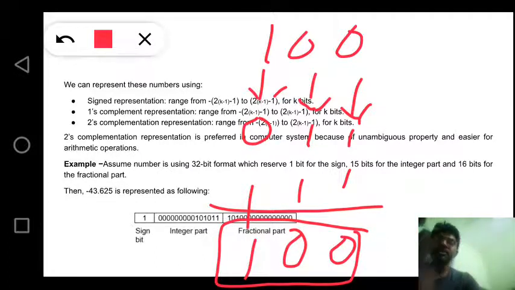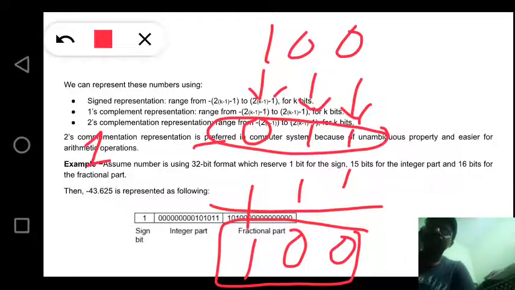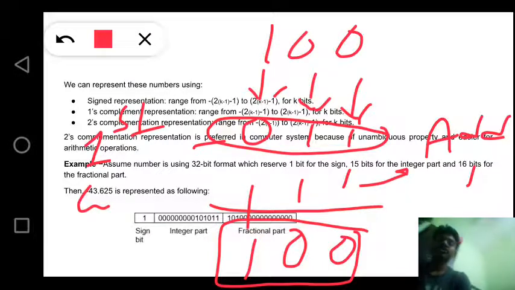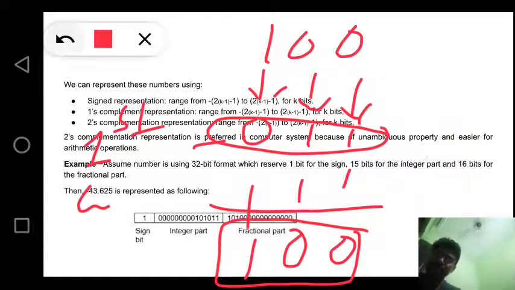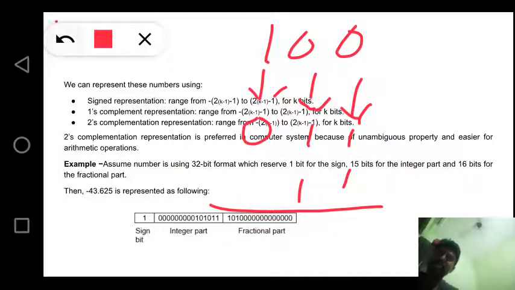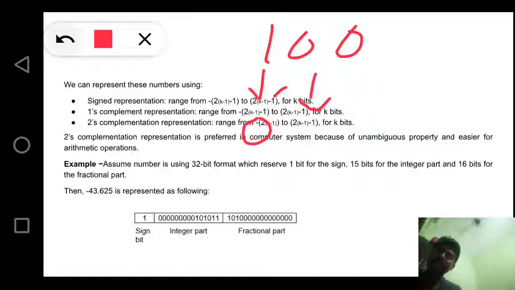Two's complement means first apply the ones complement, then add 1. You may get a doubt why we are doing this to represent a number in computer memory. Before storing a number in a computer's memory, you have to do all these things. It is very time consuming, right?